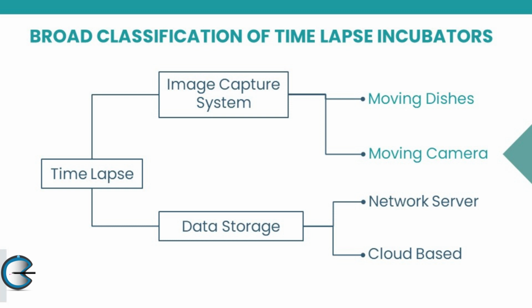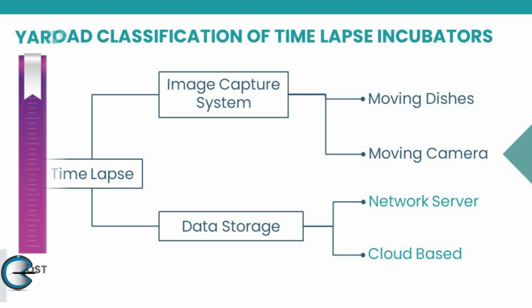The second kind of classification would be based on the data storage mechanism. Whatever data is being captured can be either stored in a network server, which is available locally at your IVF clinic, or in a cloud-based system.